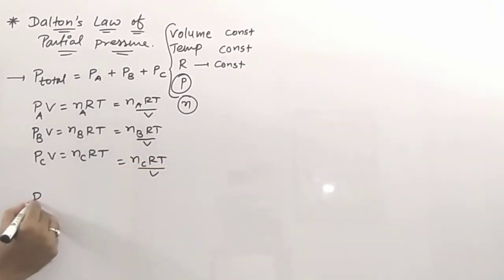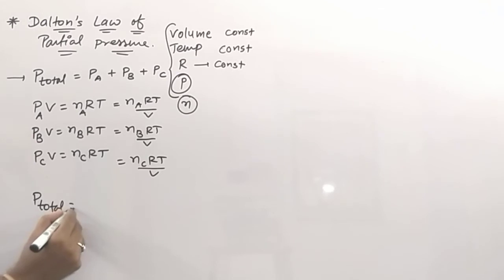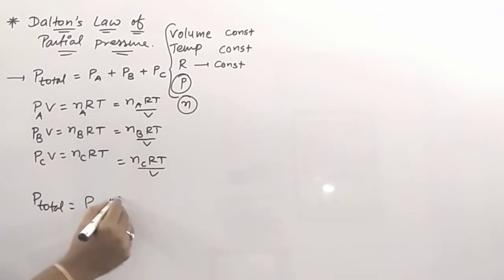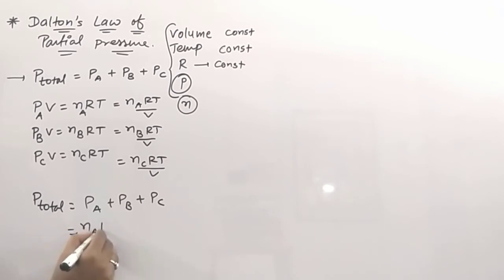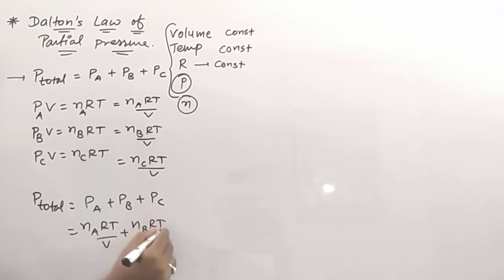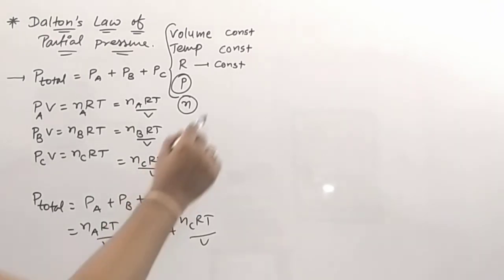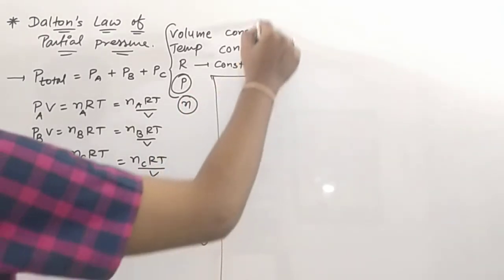So now I can easily write, my dear student, that P total is equal to PA plus PB plus PC. So I can write here: nART upon V plus nBRT upon V plus nCRT upon V. Clear? RT by V will be common, my dear students. These are simple mathematical forms.